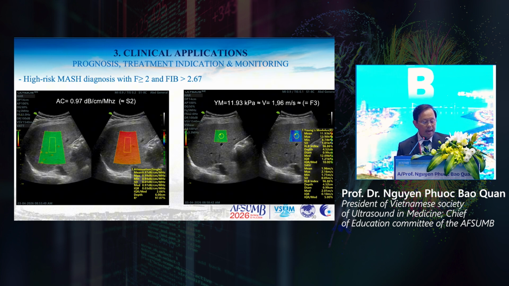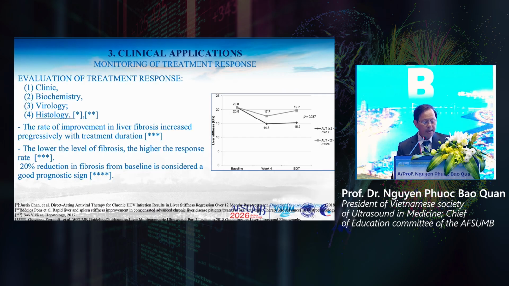We have the diagnosis: the patient has S2, and the elasticity is very high, 11.93 kilopascal, corresponding to F3. So this patient needs attention to treatment by medicament after diet, and we advise the patient on diet and exercise.